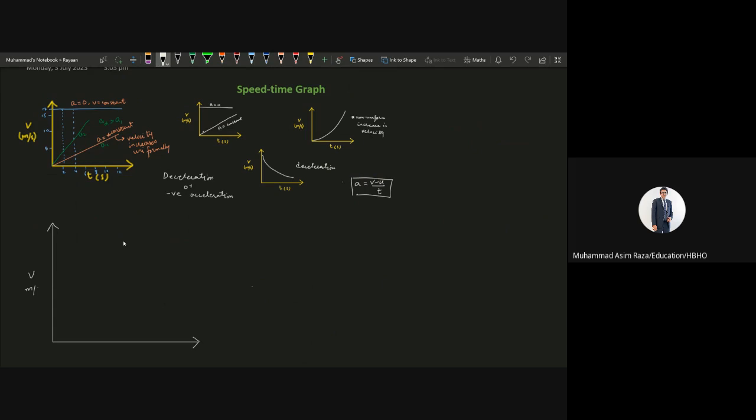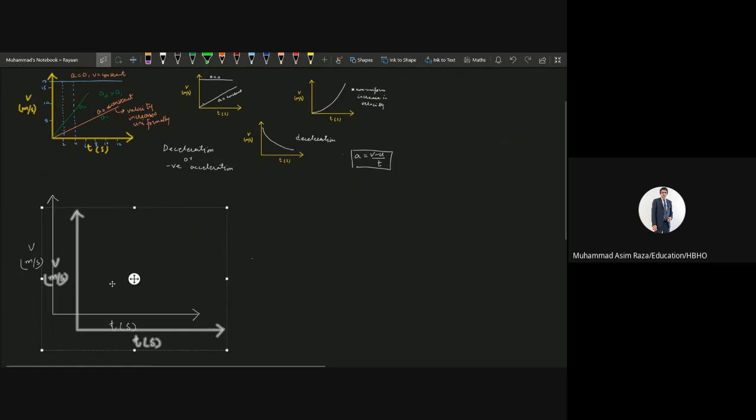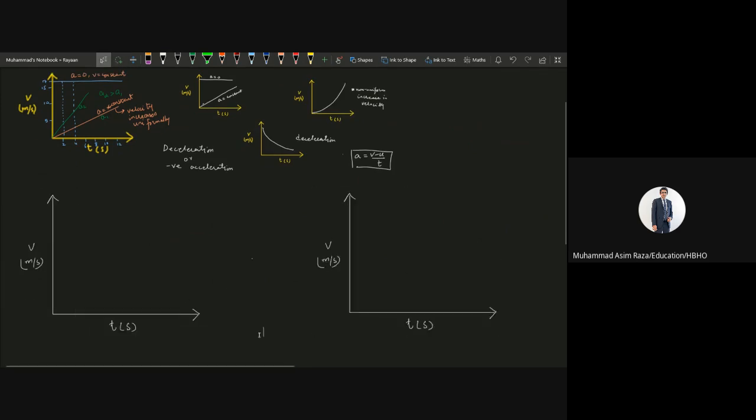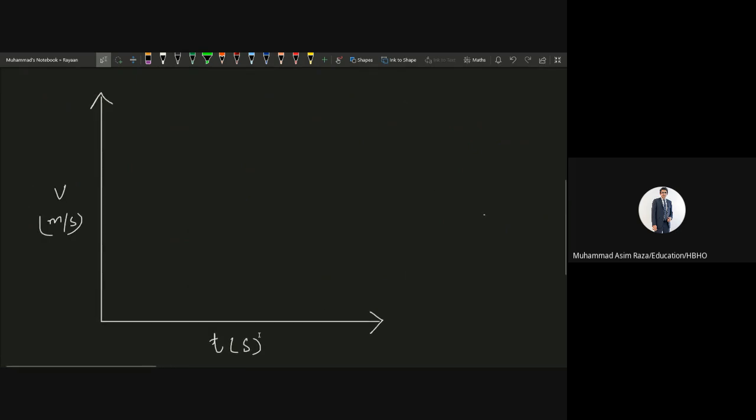Then we will be drawing another graph over here. Let's say we have velocity in meters per second and time in seconds. In this graph, I will not make straight lines.